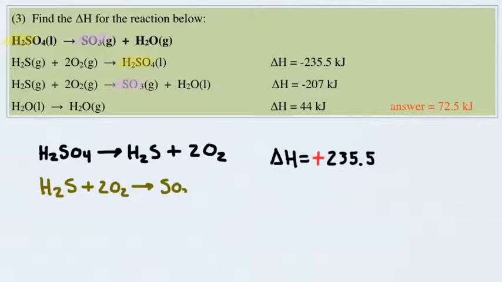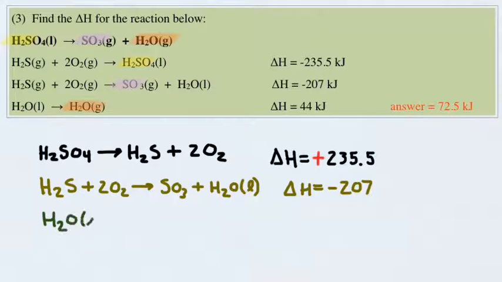So we're going to leave that alone, as well as the enthalpy value that we're given for this too. Looking at the third reaction, which is basically just turning liquid water into steam, or boiling it, you can see that everything is set and in the right spot for us in this case as well. So we're going to leave that alone and leave the heat value the same as 44 kilojoules.